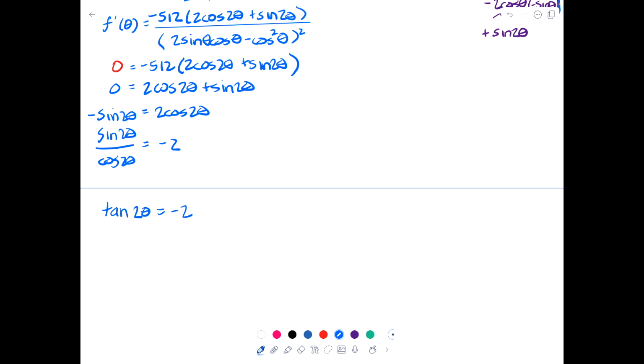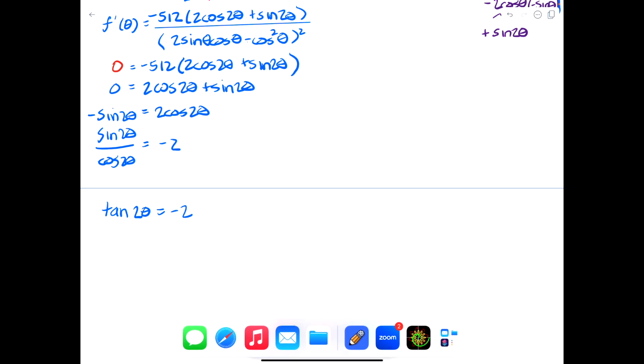And on the graphing calculator, you've got to be careful, because that negative output is going to give us an output when we do the inverse tangent of negative 2. It's going to put us in quadrant 4.